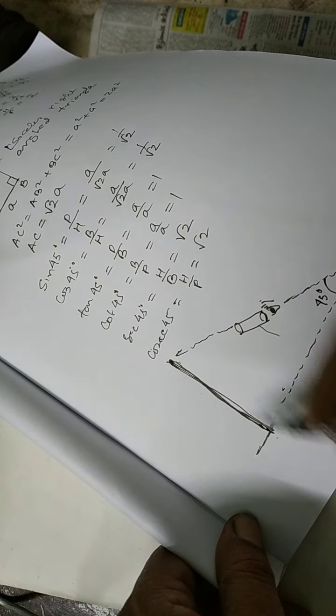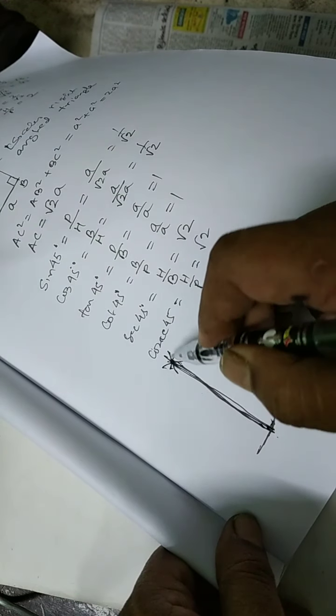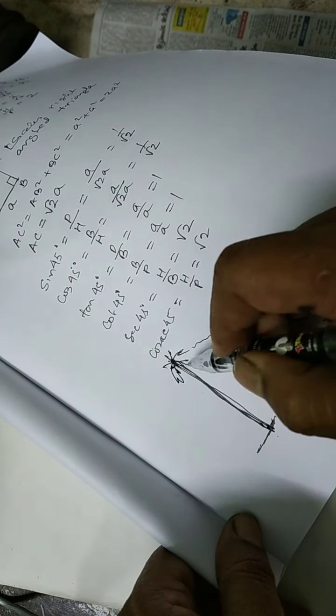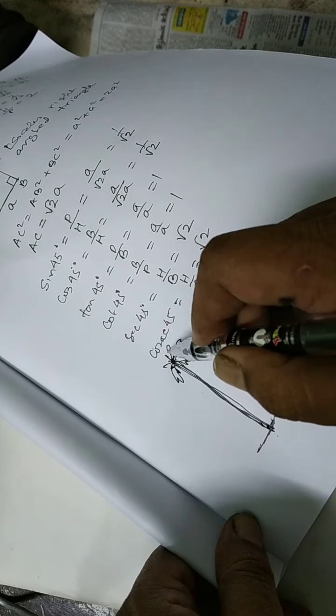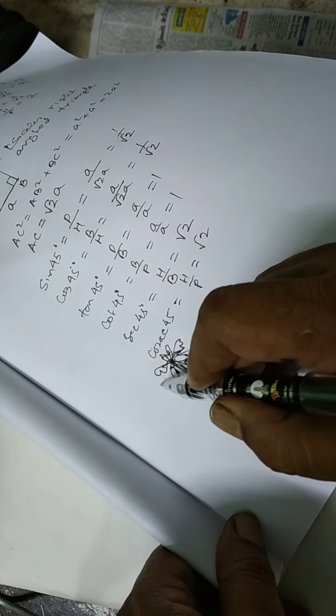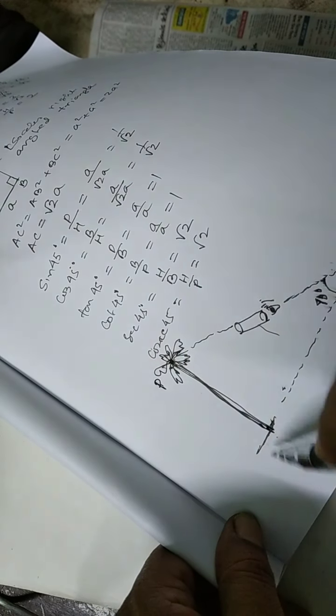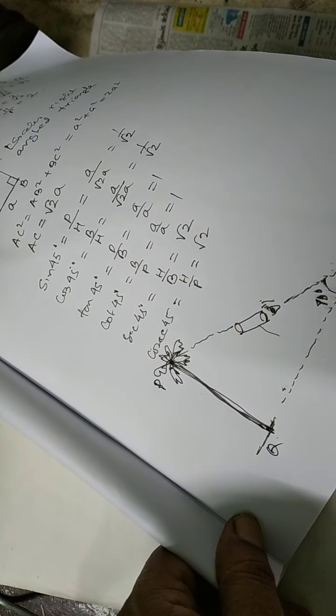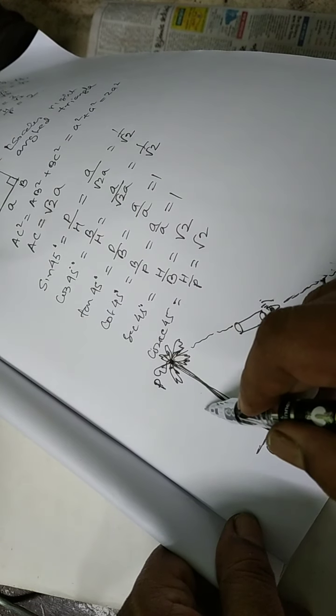Then the length of the tree: suppose this is PQ and this is R. So QR equals PQ.